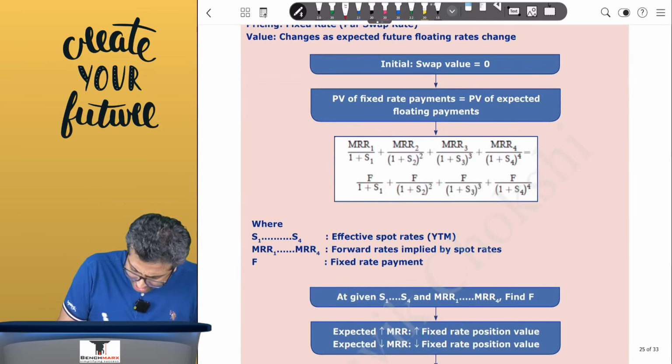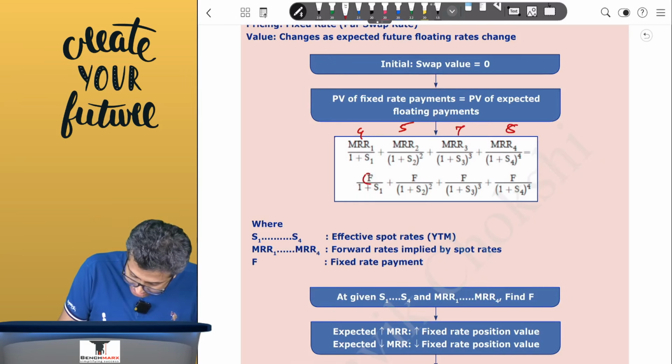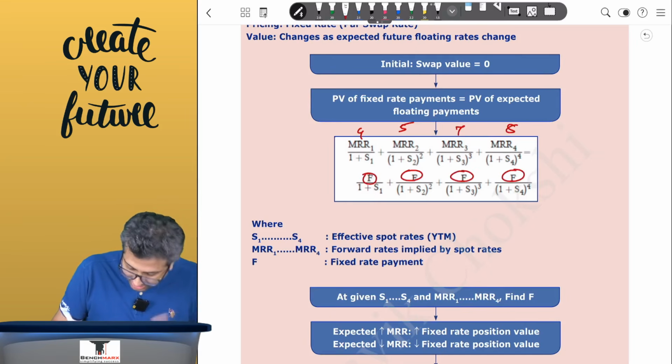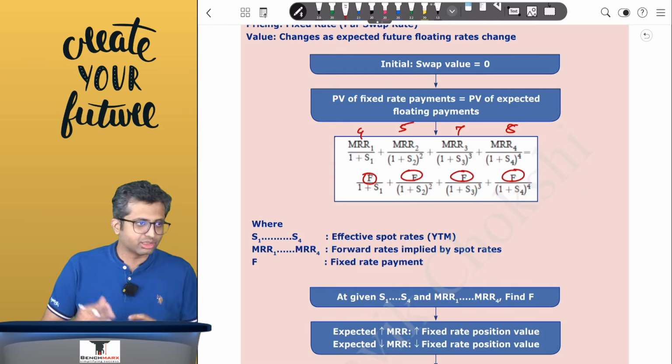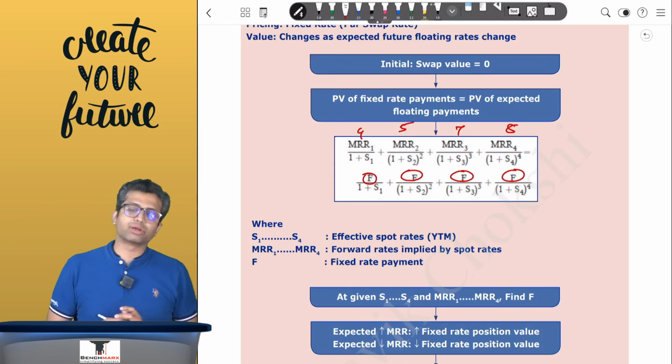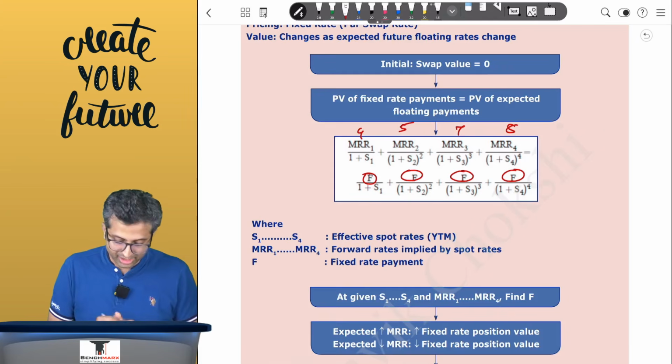let us say over here 4, 5, 7, 8 divided by the respective spot rate equals, let's say you call this x. You keep this as x, everything else you substitute, and that will give you the fixed rate that should initially be kept for the forward rate agreement, and that will ensure that initially the value is 0.